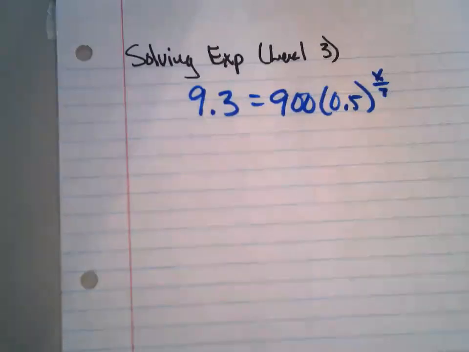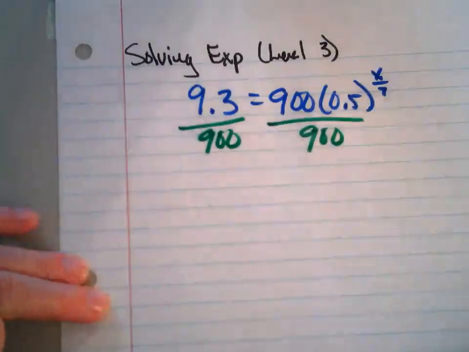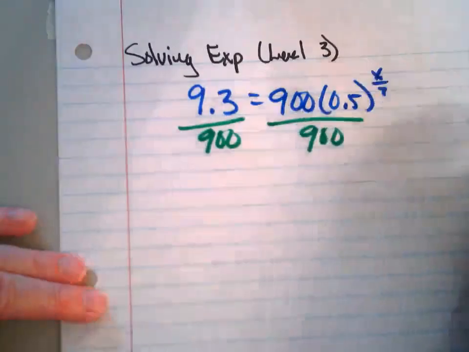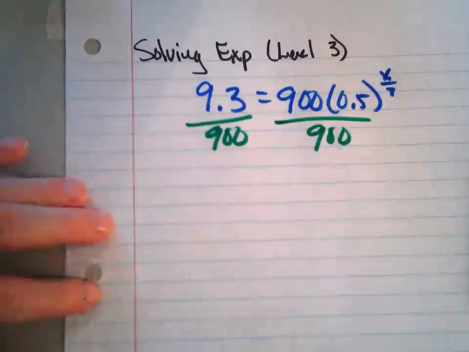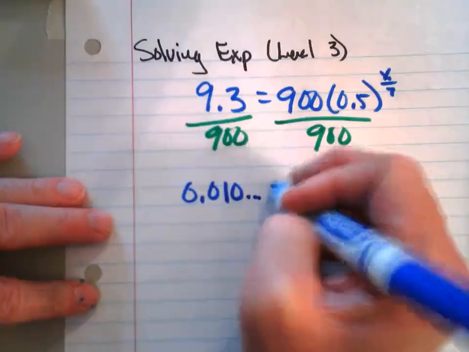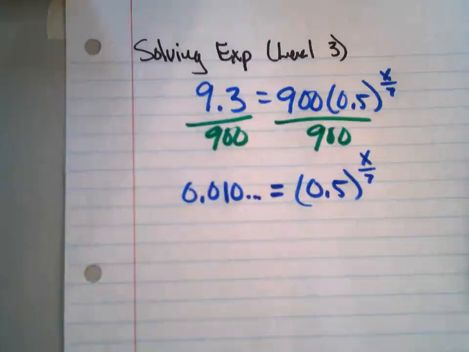Okay, divide. Going to have decimals, that's okay. 9.3 divided by 900. So, leave that in the calculator. Don't touch the calculator, just leave it right there.